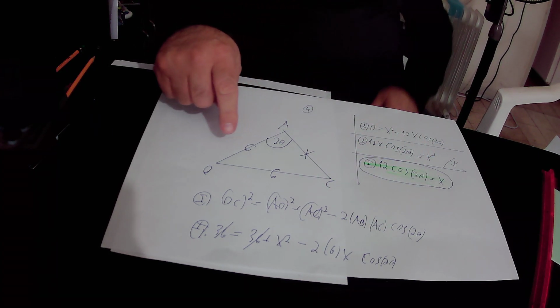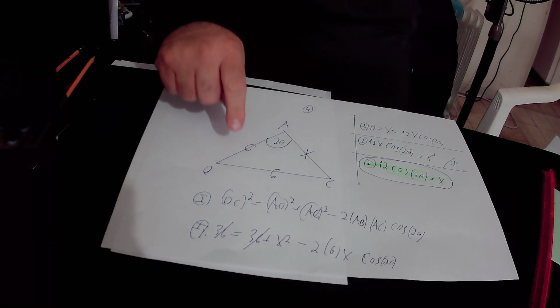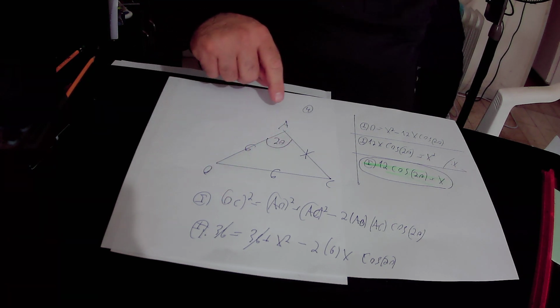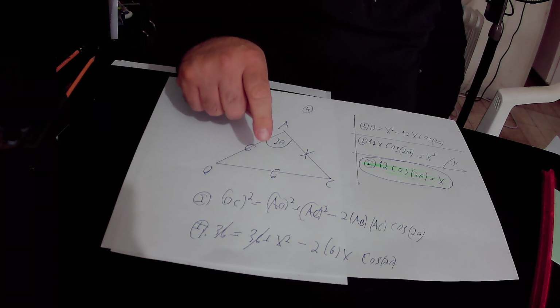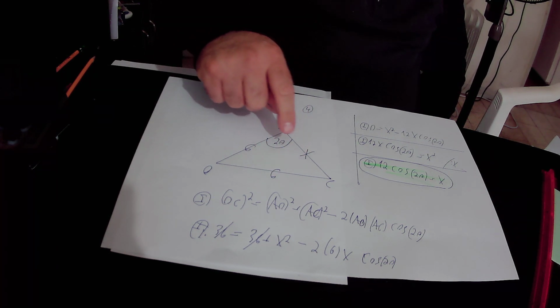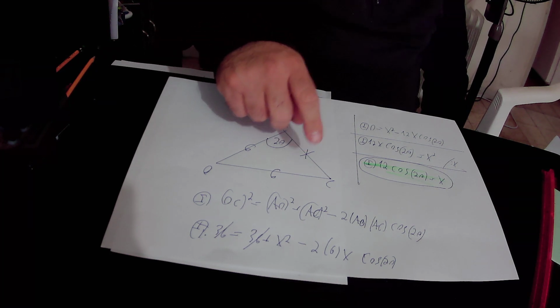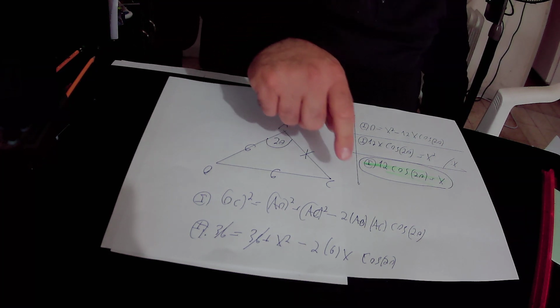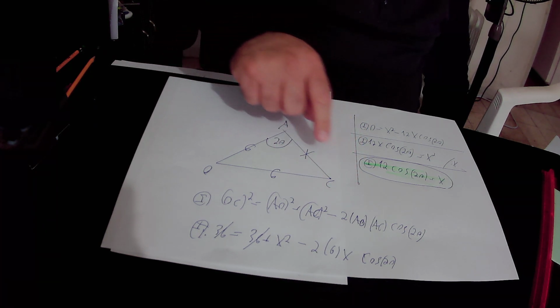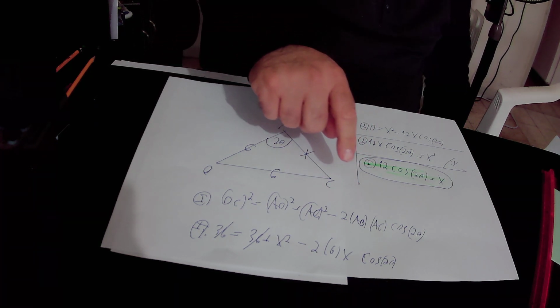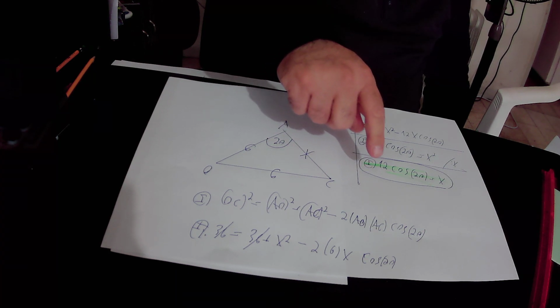OC equals 6, so OC squared is 6 squared, that is 36. AO also equals 6, so AO squared is also 36. AC equals x, so AC squared is x squared. Minus 2 times AO, which is 6, and AC, which is x, so it is minus 2 times 6 times x times cosine 2 theta.